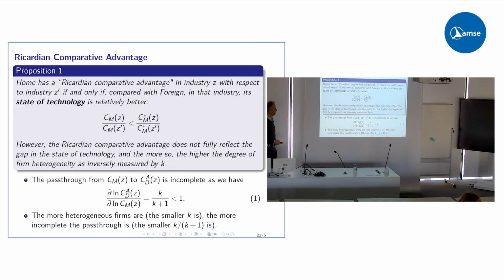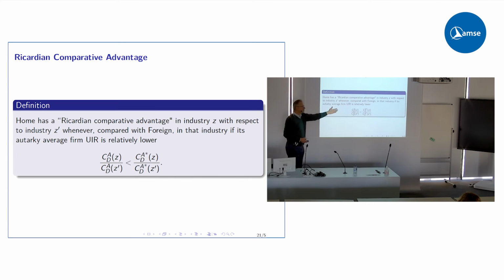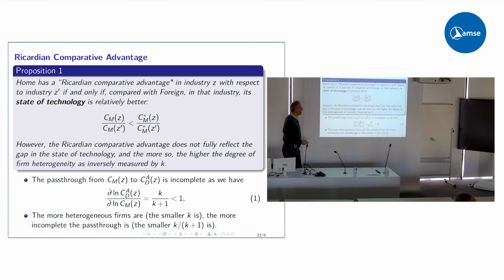So this is the way you map the definition to things that you can observe in autarky, which is after selection takes place. So it is linked to the endogenous Ricardian aspect.